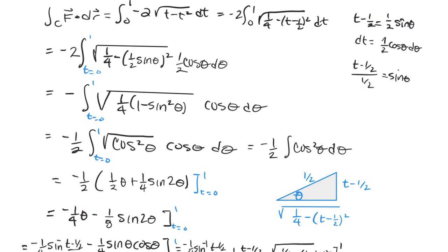So theta here equals the inverse sine of t minus 1/2 over 1/2. Okay, and the sine of theta is opposite over hypotenuse, so t minus 1/2 over 1/2.